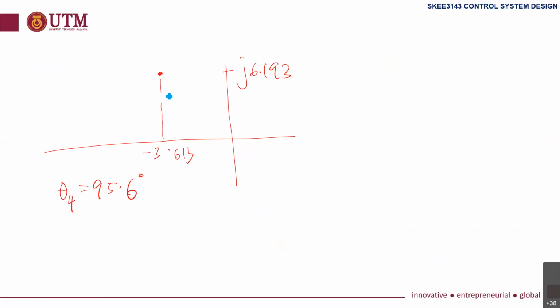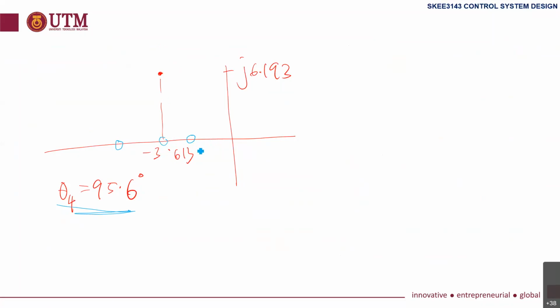So we have to decide whether the zero is here or here, that means to the left or to the right of the dominant pole, based on the angle. As it is more than 90 degrees, because if the zero is directly above, it will be 90 degrees, surely it is to the right of the dominant pole.